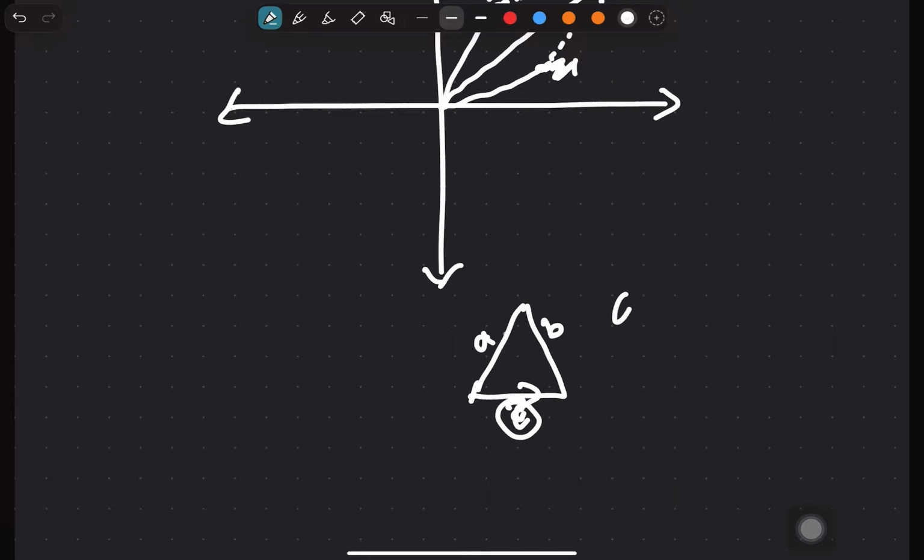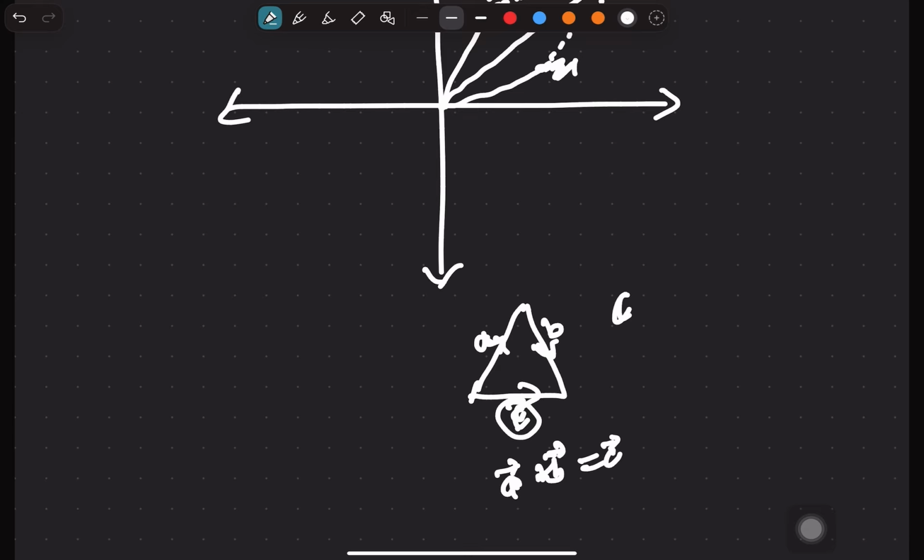Let's call it our resultant for these two. So C is the resultant of A and B. So A plus B is equal to C. So let's say it's a vector, A plus B, giving us the C.